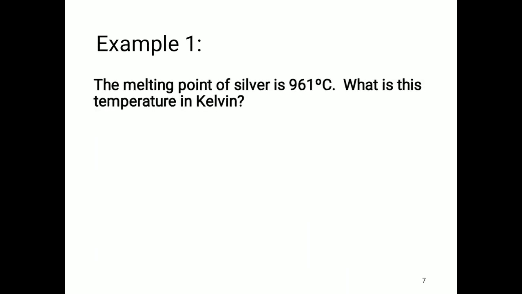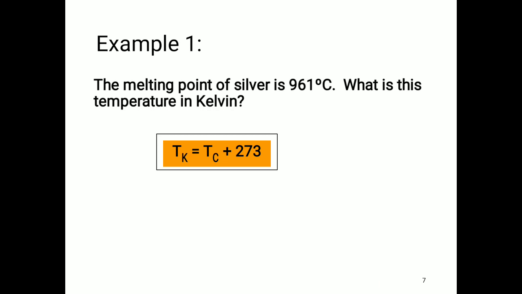Example 1: the melting point of silver is 961 degrees centigrade. What is this temperature in Kelvin? You can easily calculate: the temperature in Kelvin can be obtained by adding 273 to the temperature in Celsius.